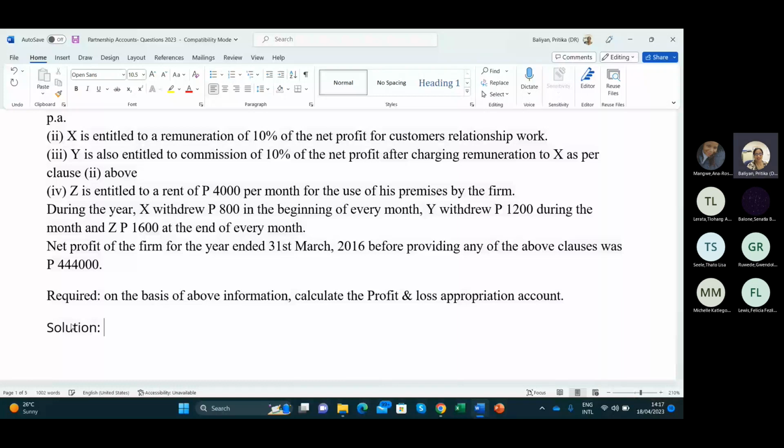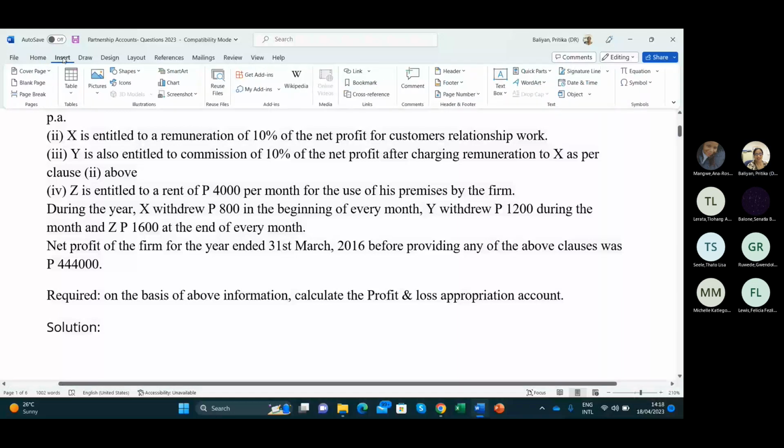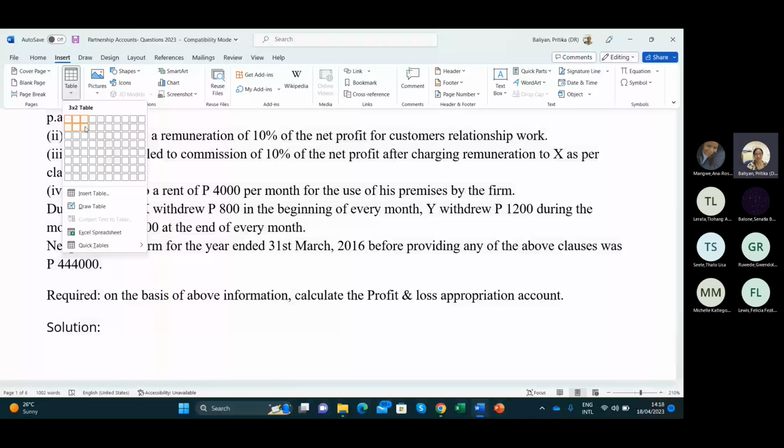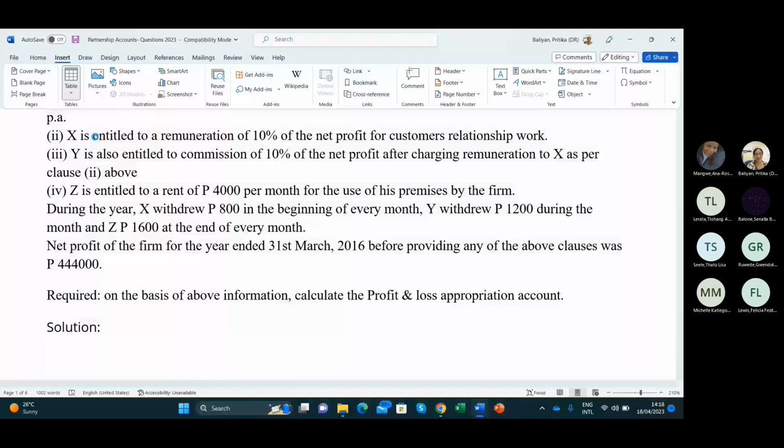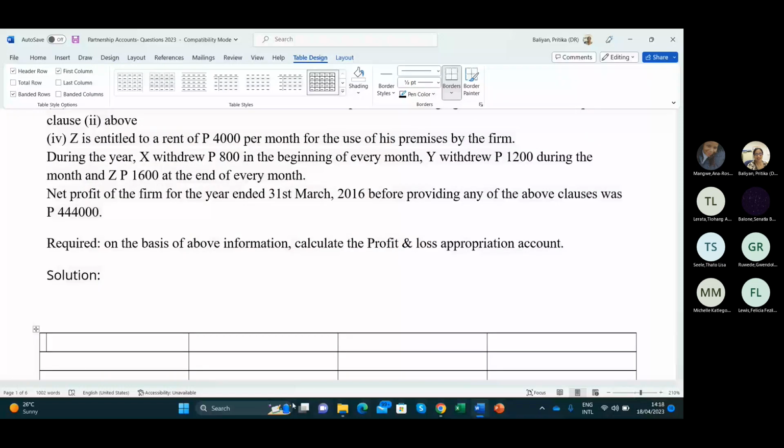So we'll draw the table. When we are making the profit and loss appropriation account, you need not worry about the dates because it's always prepared at the end of the financial year.